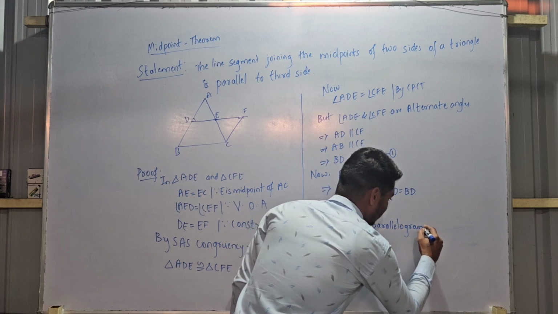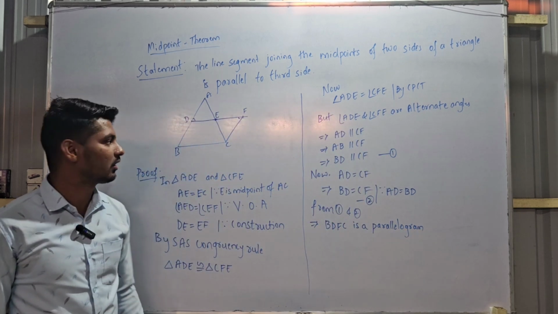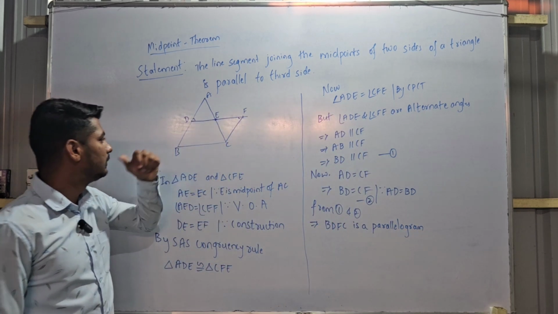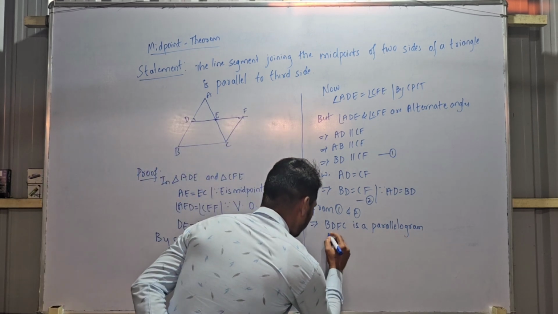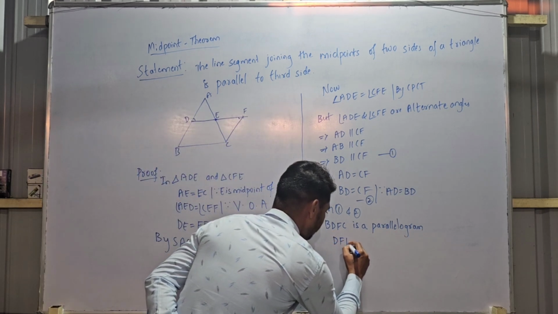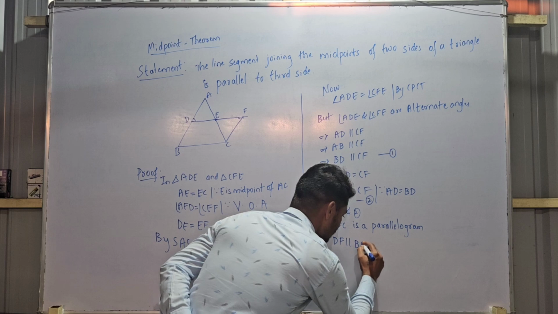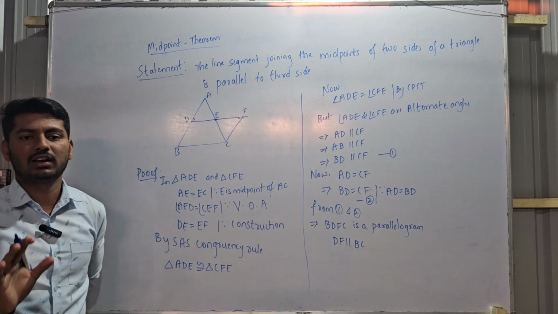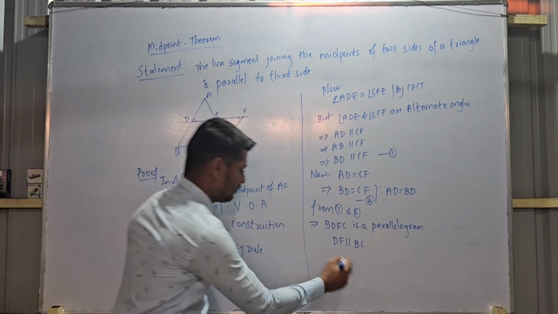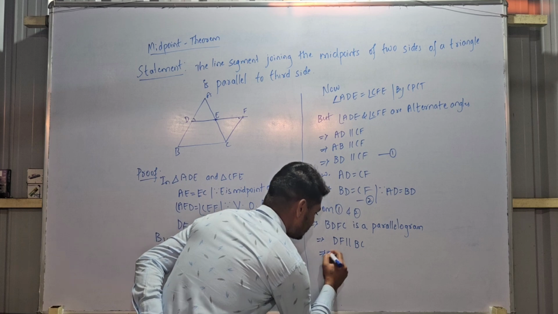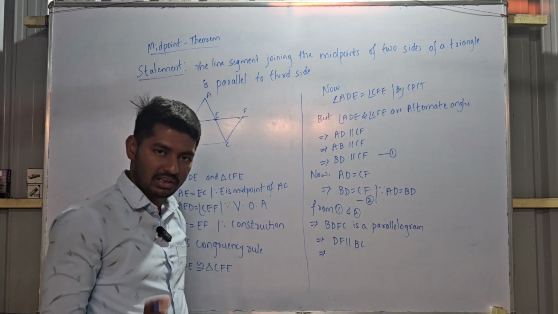If it is a parallelogram, students, then DF must be parallel to BC.